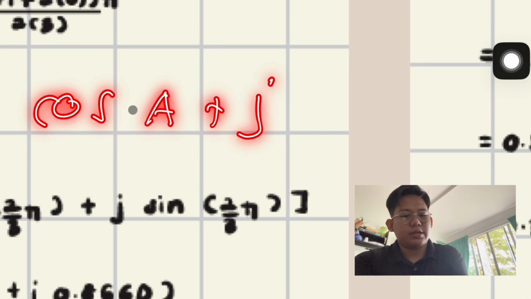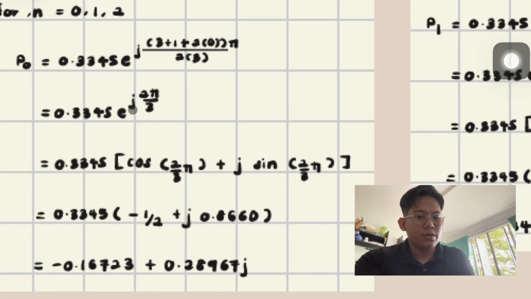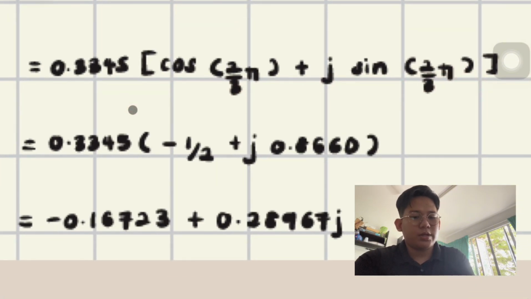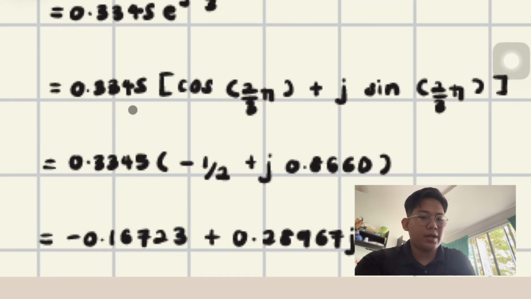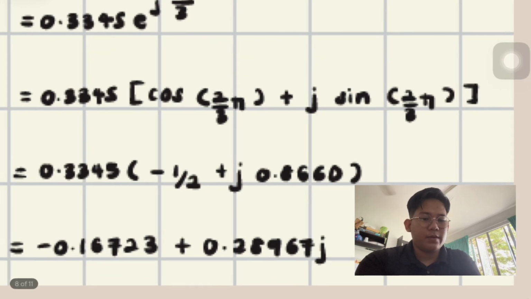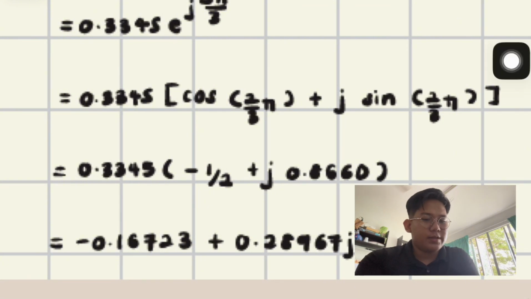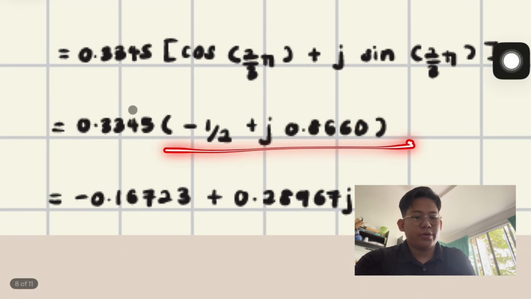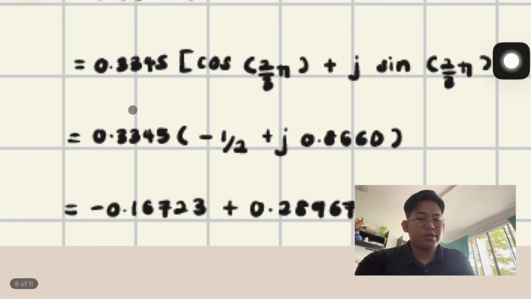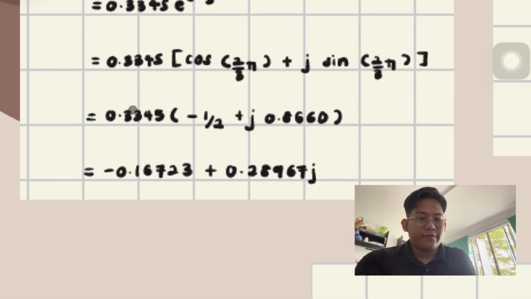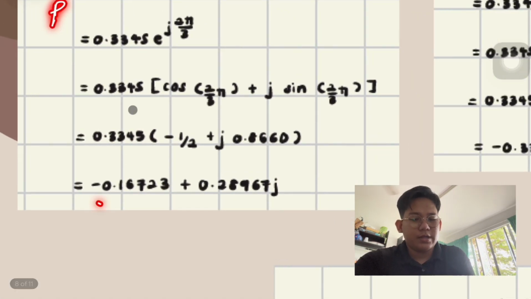So we calculate the cos 2 over 3 pi and sine 2 over 3 pi. For cos 2 over 3 pi, we got negative 1 over 2, and sine 2 over 3 pi, 0.8660. We're going to multiply with 0.3345, which is the omega c, and for the pole P0, we got this one.